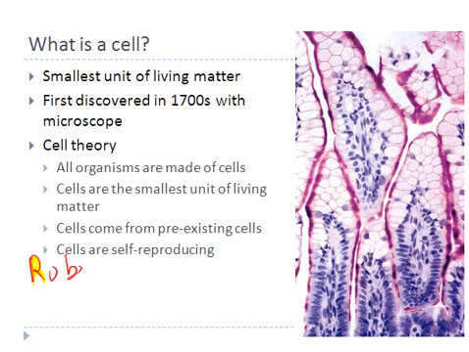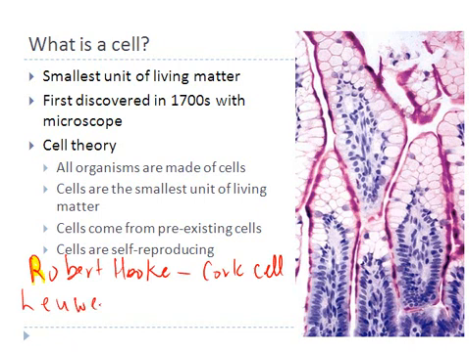Robert Hooke was the one who looked at the cork cells, and later Antony van Leeuwenhoek was the first biologist who actually observed living organisms in pond water, and he saw that there were things that are floating, and he then looked at more living matter compared to Robert Hooke, who had looked at the cork cell by itself.